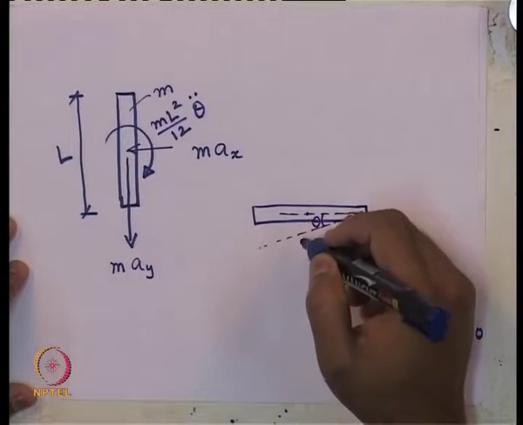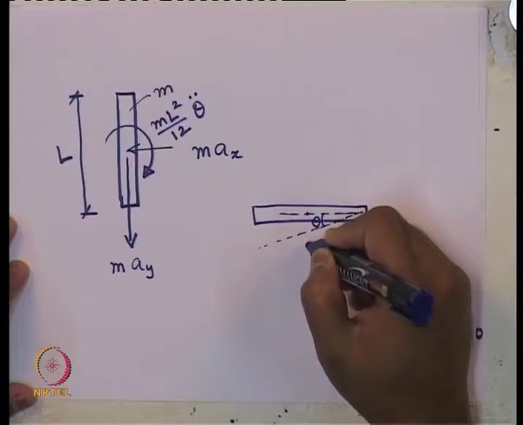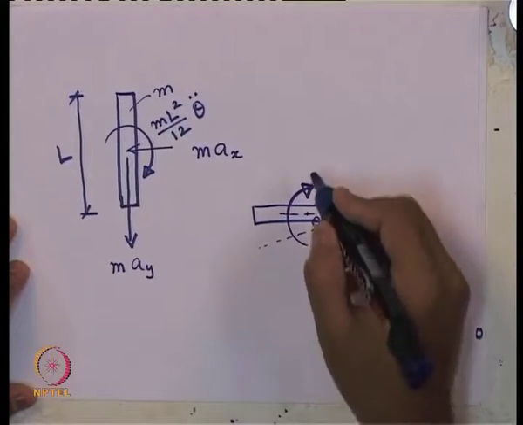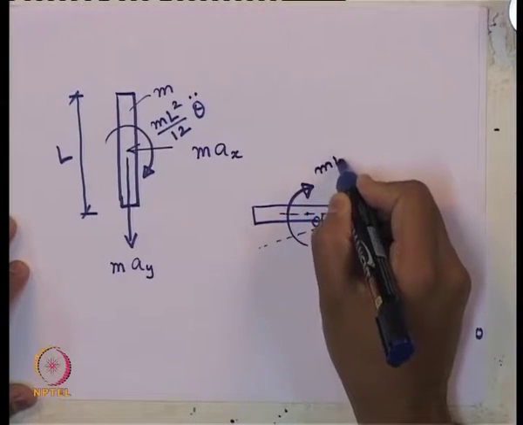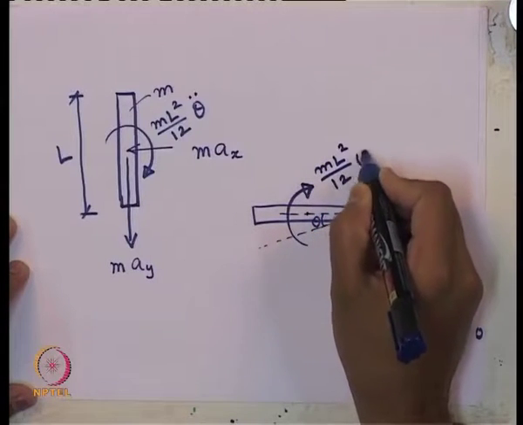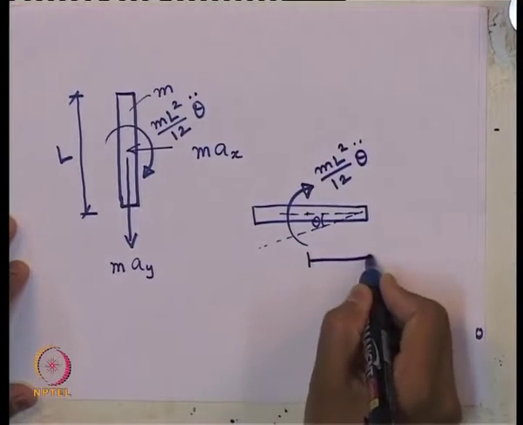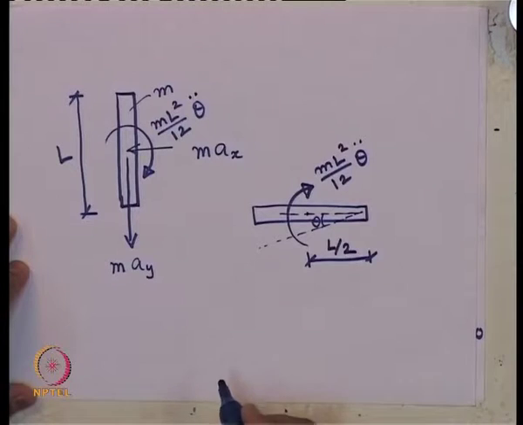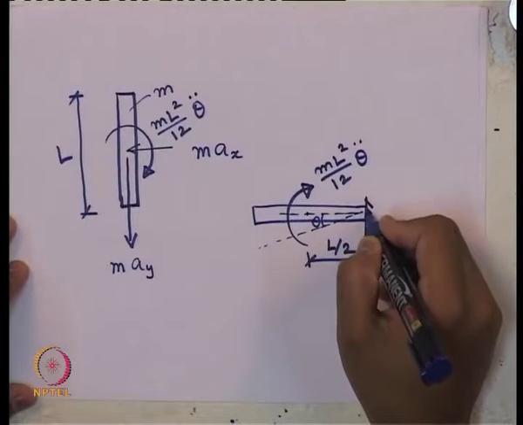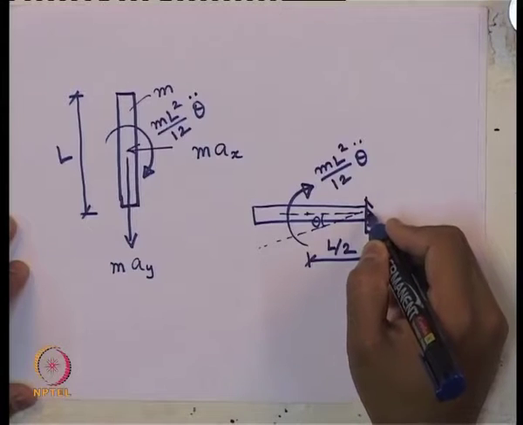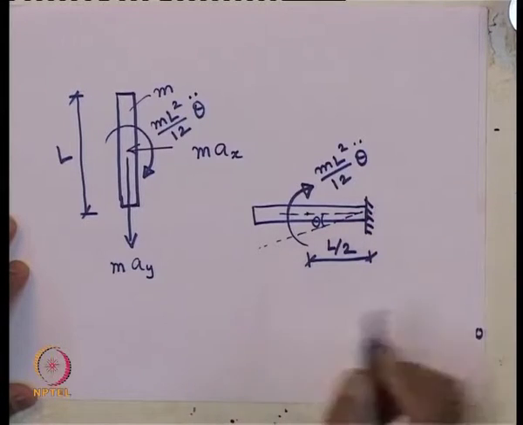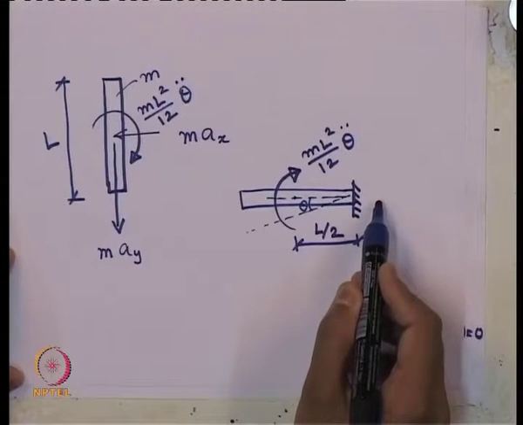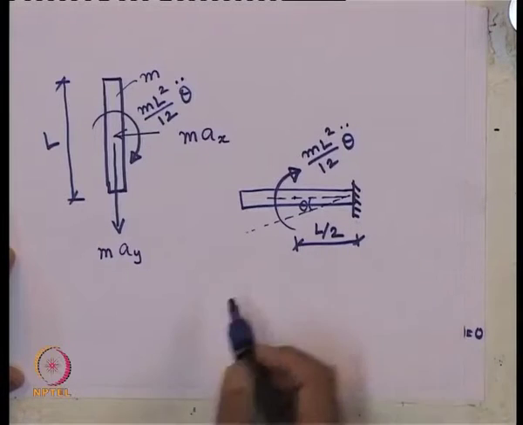So, instead of considering that it will have a rotational inertia force m L square by 12 theta double dot acting at C g of the bar, what we can consider is that at this end, at the end of the support, where there is a support condition, if we want to transfer this to the support, how much will it be?